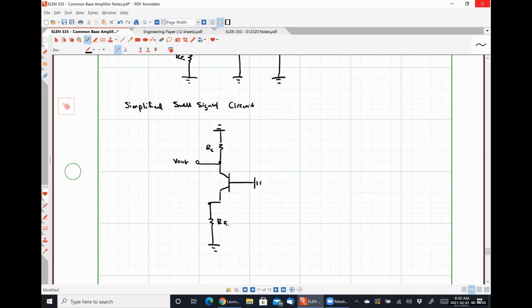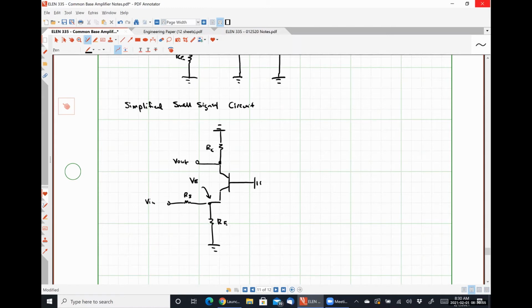Here's my degeneration resistor RE. Here is my source resistance RS. So that big ugly circuit simply reduces to this guy, what should be fairly straightforward to analyze, right? I'm going to call this node right here, or give it a nodal voltage VE that we'll use in a minute to calculate our voltage gain.